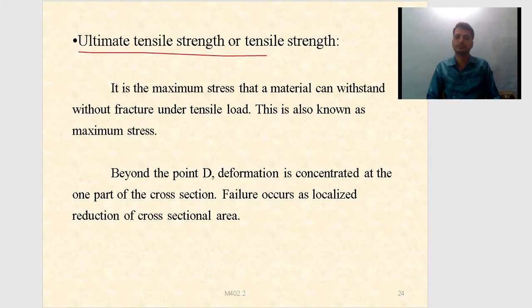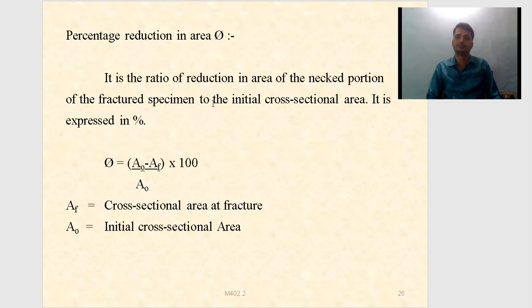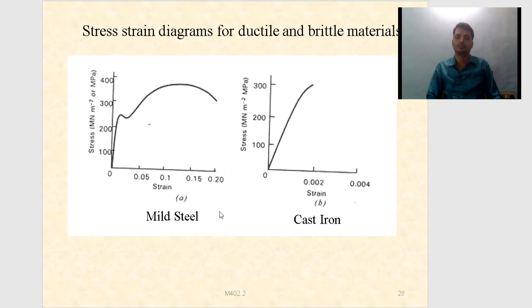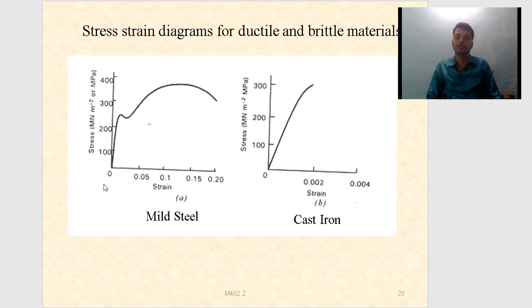Beyond this, see, these are the different elongations that take place. So for mild steel, this is the curve, and for cast iron, this is the curve. This diagram is important for almost all engineering materials. I hope you understand.